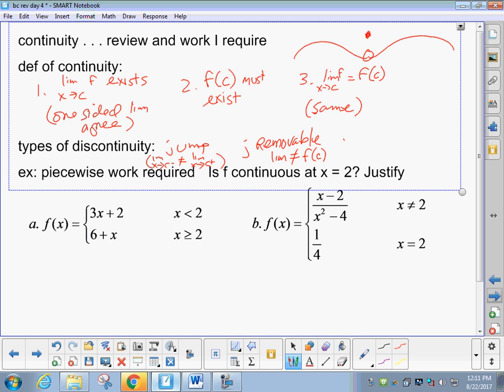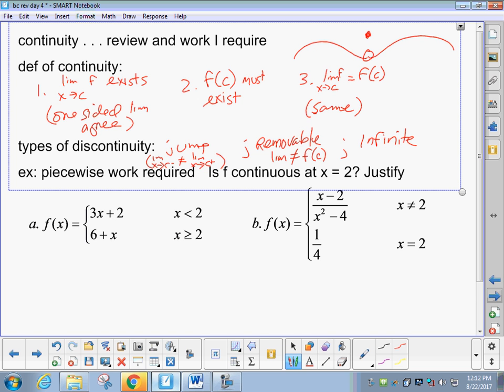What's the third? Asymptote, which we call infinite discontinuity. All right, get to know those sources of discontinuity. Study. Work is required, especially with respect to piecewise.